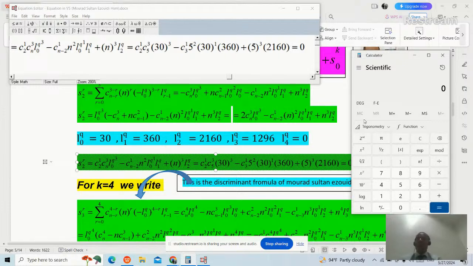For example, S2 raised to the power 10 means you are going to work out x1 to the power 10 plus x2 to the power 10 plus x3 to the power 10 and so on, because a polynomial to the power 10 has 10 roots.